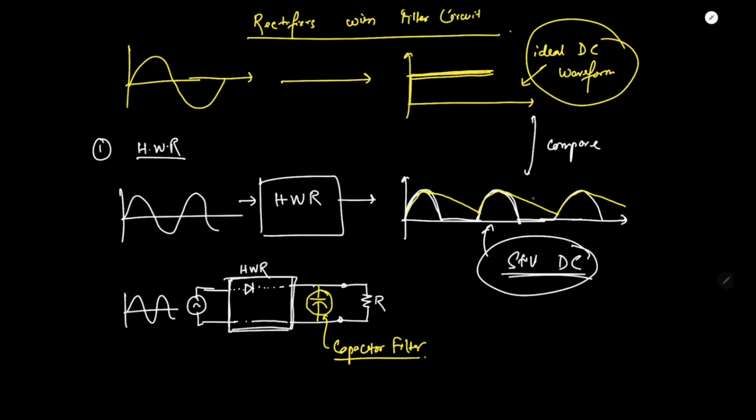This yellow line is the output of the half wave rectifier with capacitor filter. So this will be the waveform. You can see that after the capacitor filter, it is a little bit better. It's a little bit closer to the ideal waveform. Obviously it's not close, but better than before.